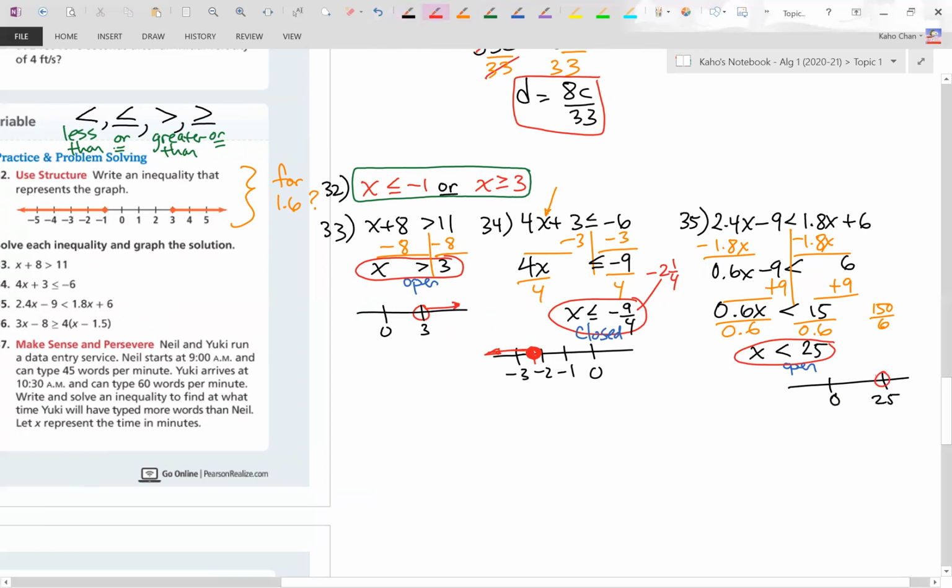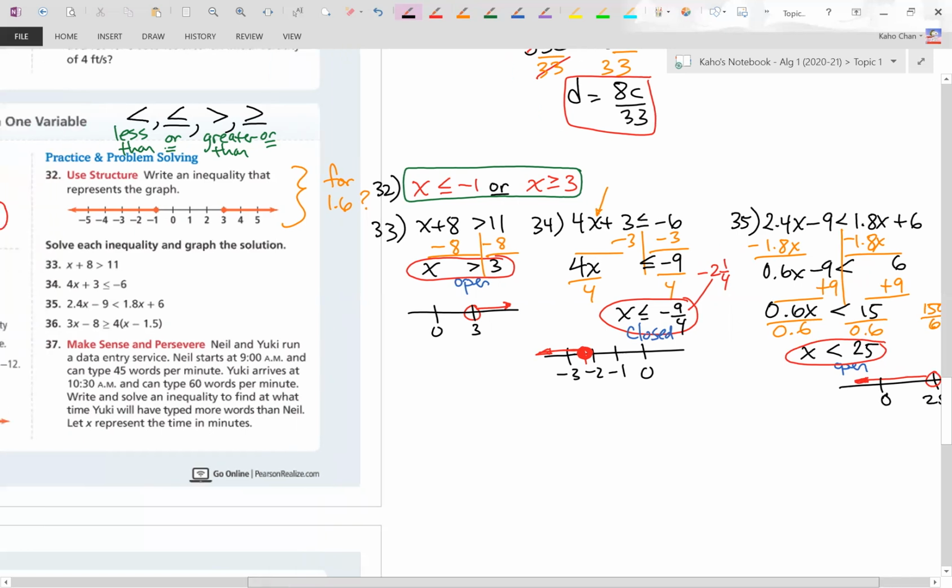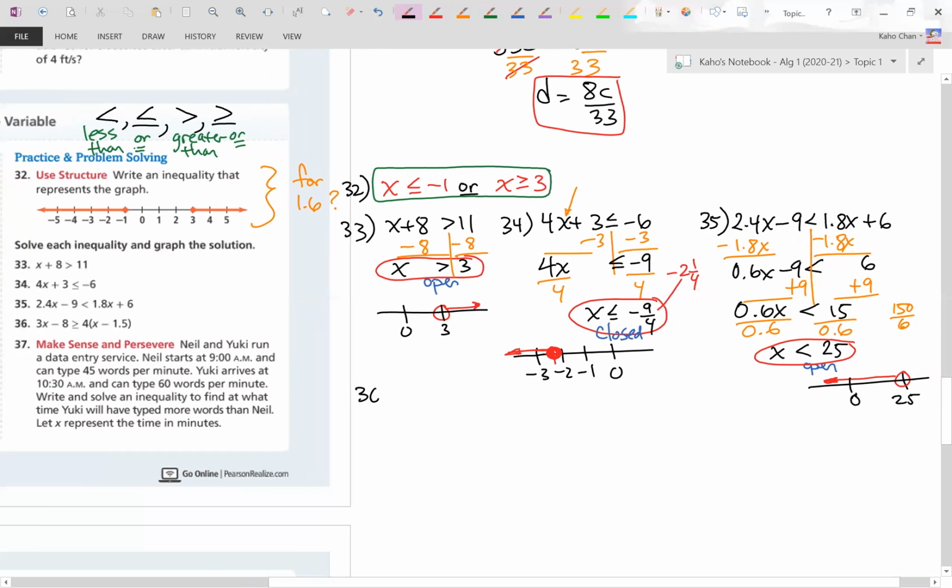All right, number 36 is next. We haven't had to switch the direction of the inequality, but something coming up might be something where we have to switch the inequality after we distribute the 4. I'll show you in a second here. All right, distribute the 4, we'll get 4x minus 4 times 1.5 is 6.